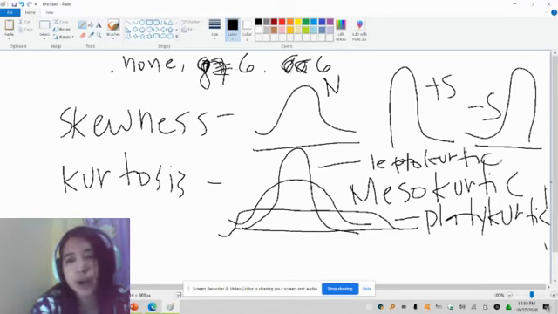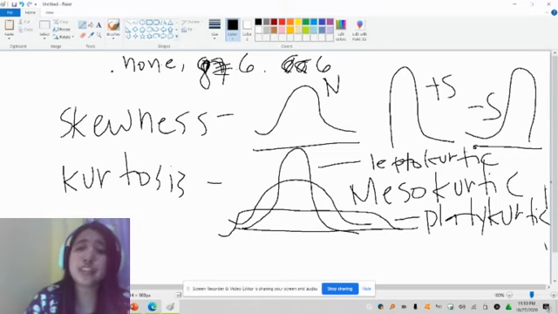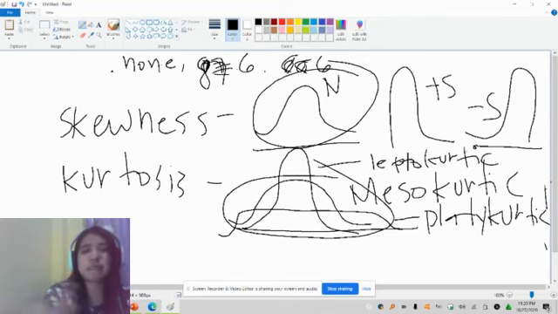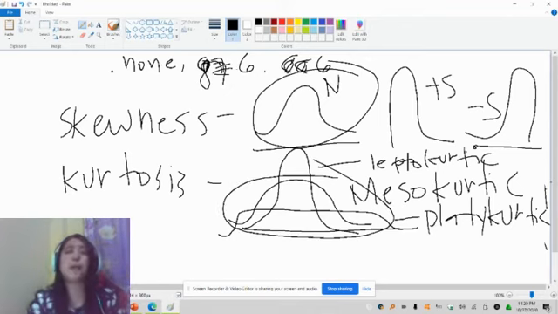So these are the terminologies related to normality. And for us to determine, if the shape looks like this, of course, it is normal. And if it looks like mesokurtic, it is also normally distributed.